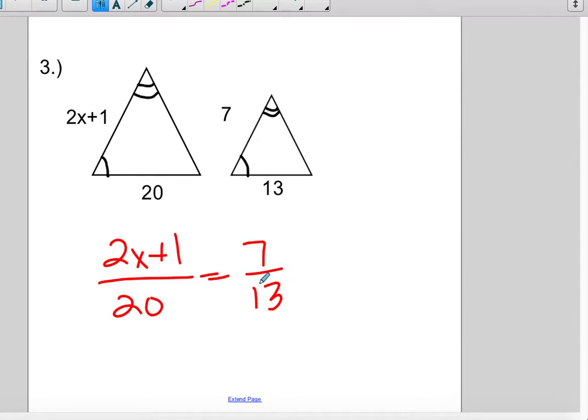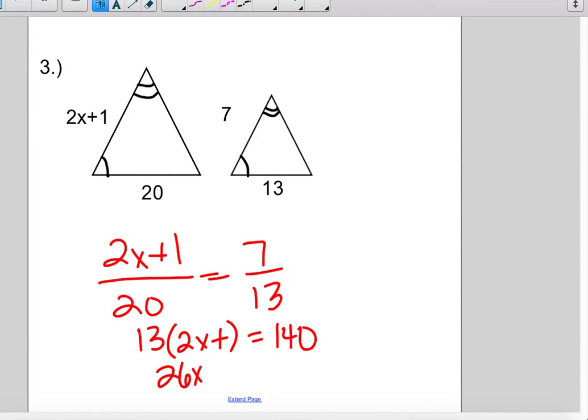And so we know that 20 times 7 is 140, and we're going to take 13 times both those items. So remember, 13 times that whole expression up there, you might want to set that up in parentheses so that you can distribute.